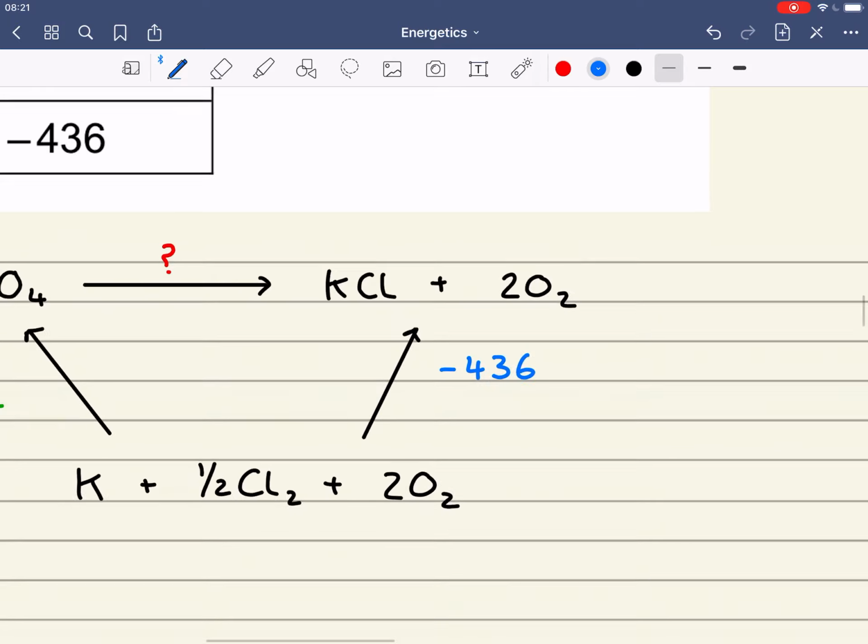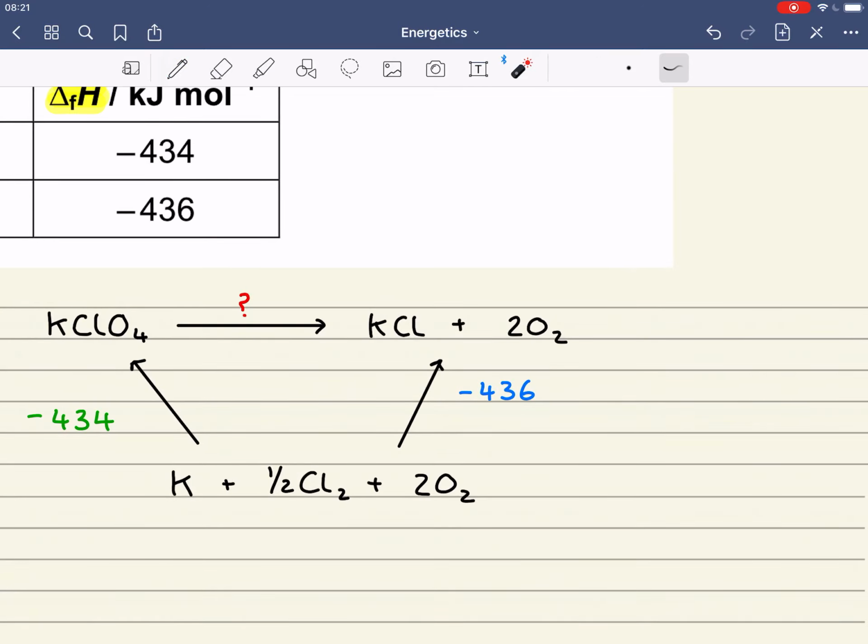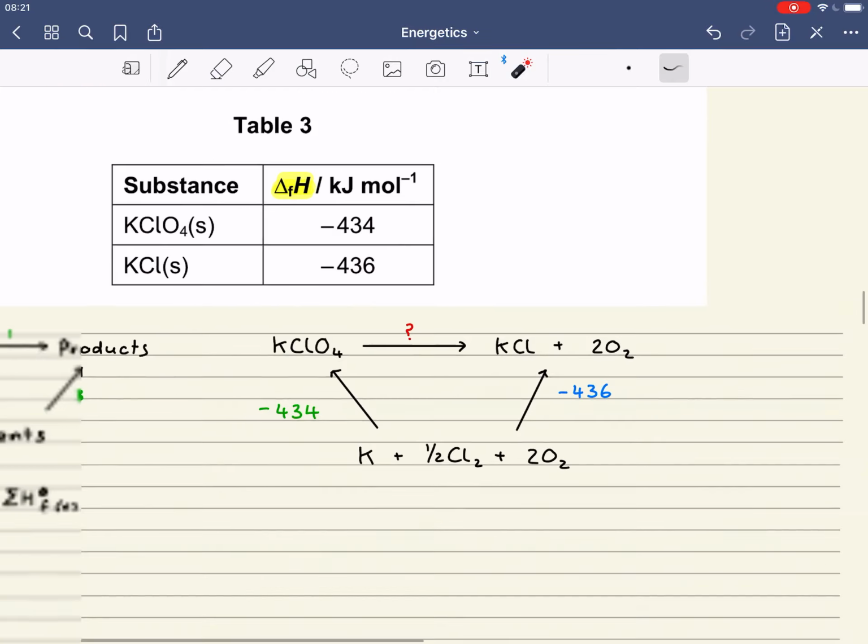Now you've got to remember, obviously, the enthalpy of formation of an element here is 0 by definition. So we completely ignore the enthalpy of formation of O2 because it is 0.